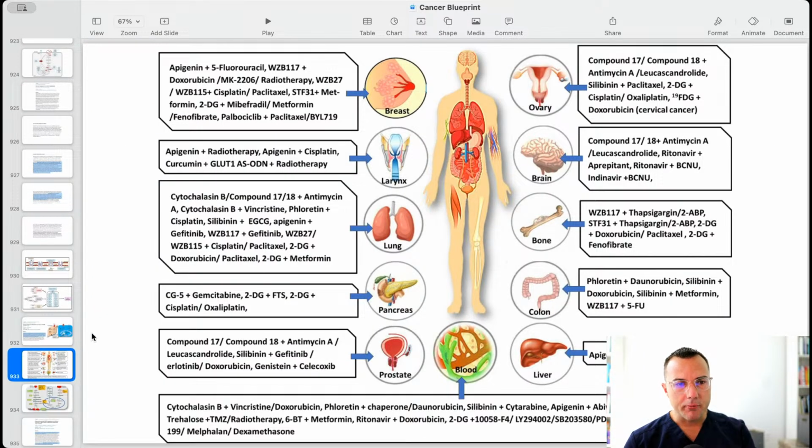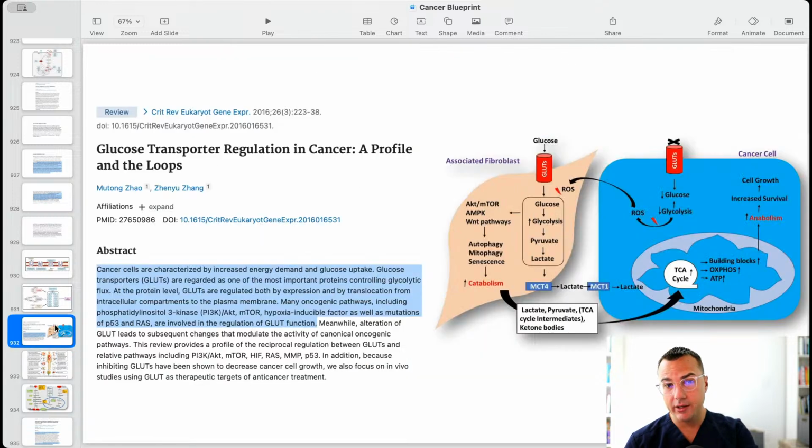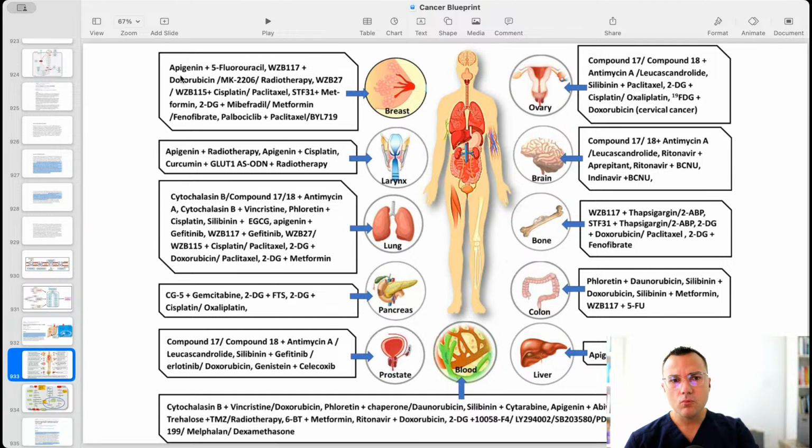This paper also had a pretty interesting graphic, and it was talking about the various trials that had gone on as early as 2016, where they were using a variety of glucose inhibitors, both drug and supplement or nutraceutical combinations with other standard of care things. For example, one of the studied drug compounds that block the GLUT transporters is WZB115.